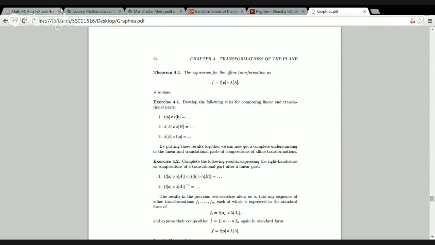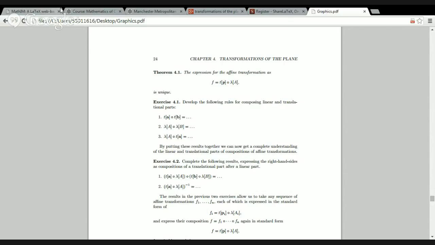Now, we'll be much more systematic about this later this morning when we'll describe in detail how to pass from the algebraic representation of a transformation to being able to describe what it is geometrically. Okay, so we'll do this in a more precise way.